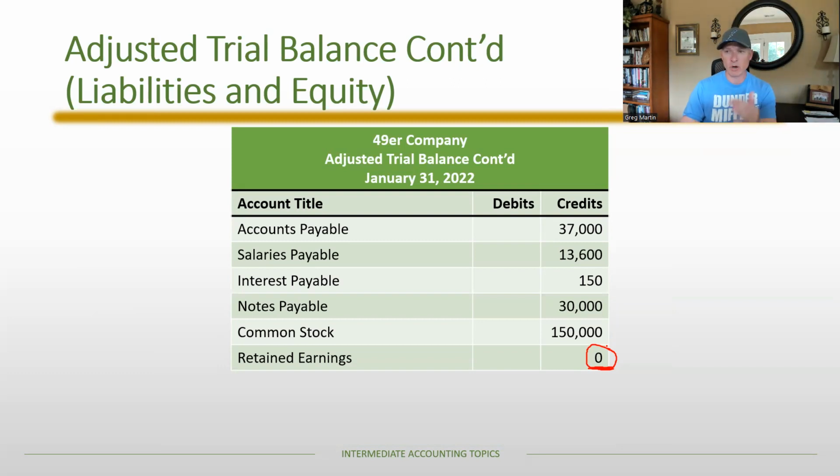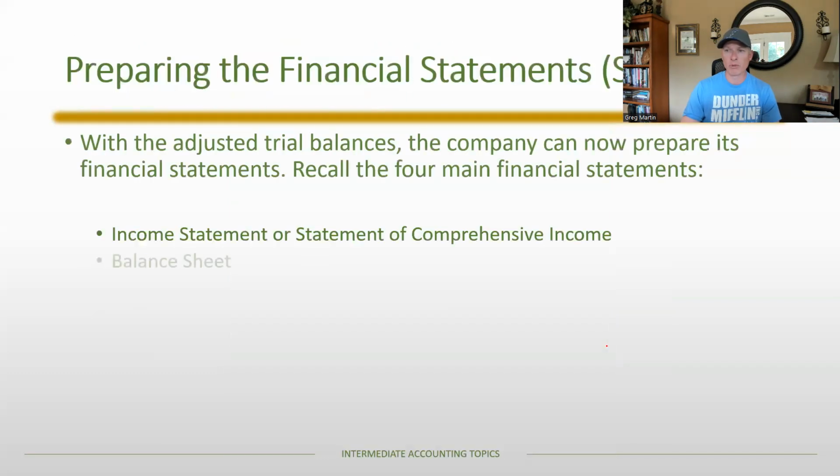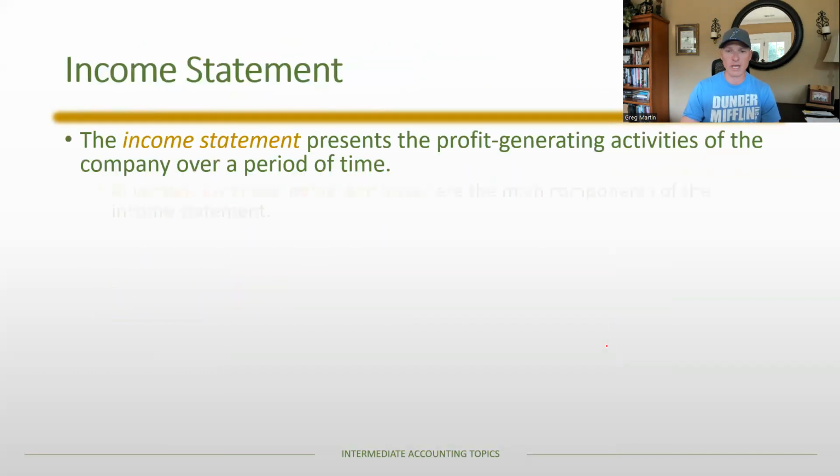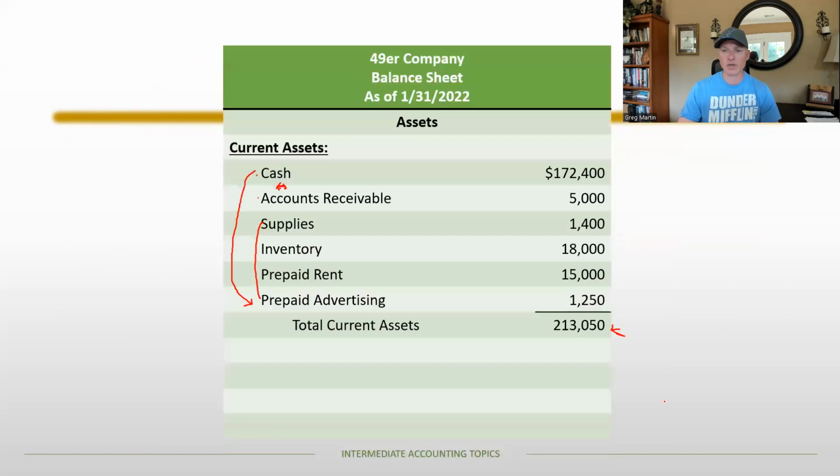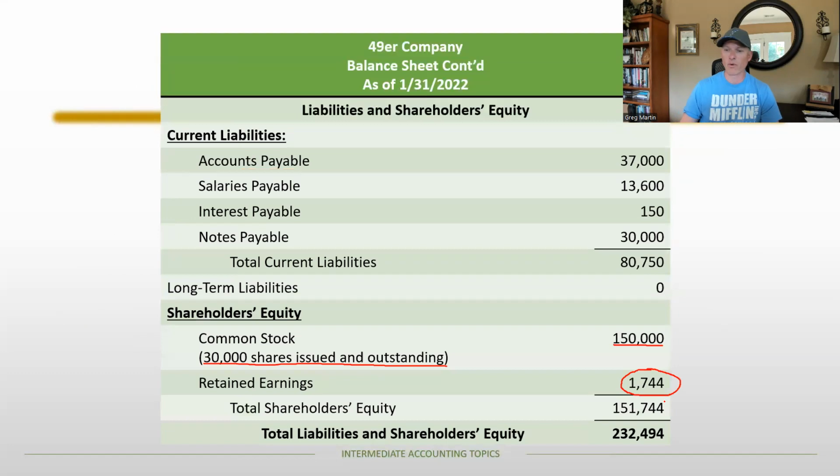When we start with a 0 account balance, as you remember probably from your statement of retained earnings, we add net income to that. In this case, net income is 2,344. Then we subtract dividends, and dividends were 600. So 2,344 less the dividend is how we get 1,744. Again, that would be our 0 starting balance plus net income, and then minus the dividend, for those of you that want to go back and forth.